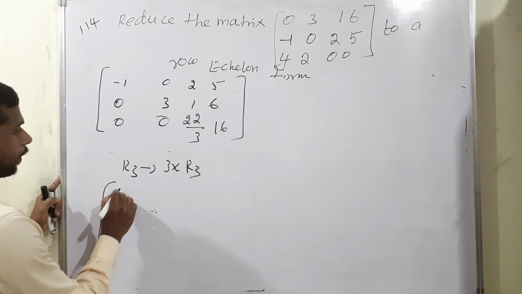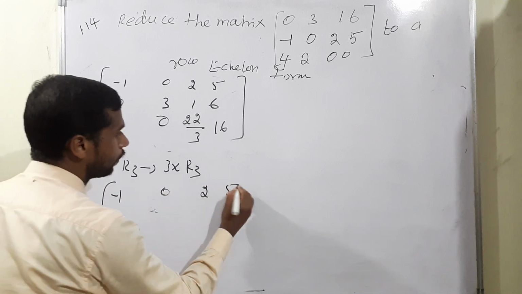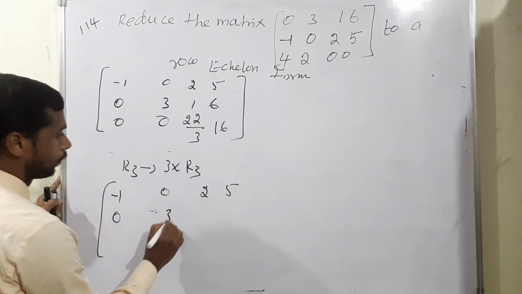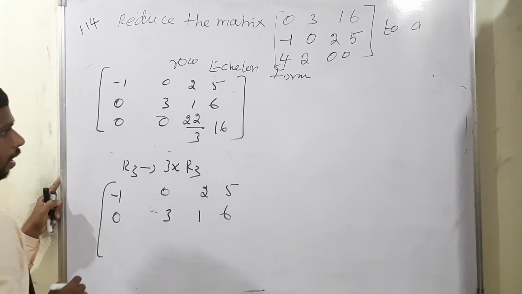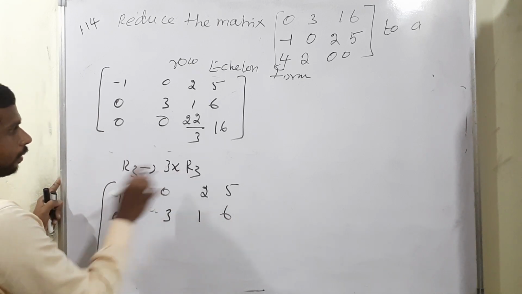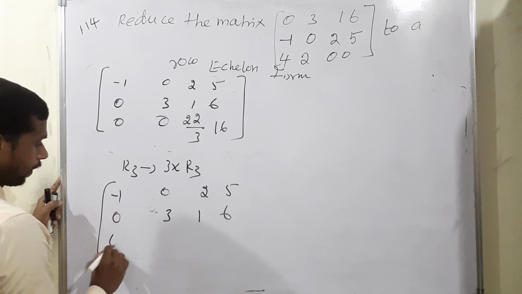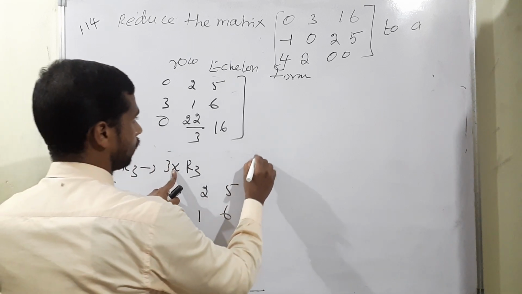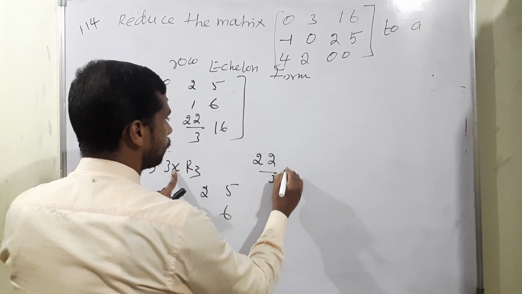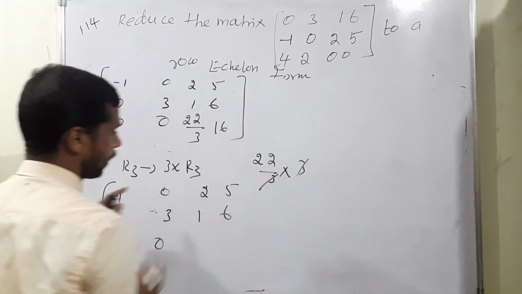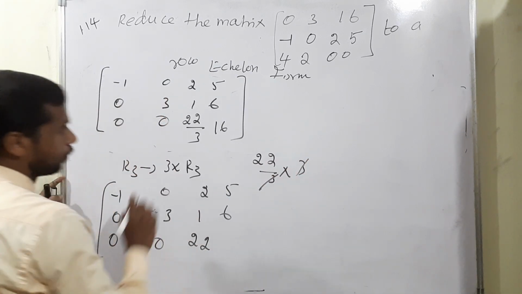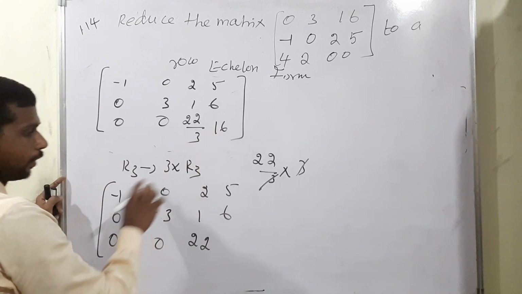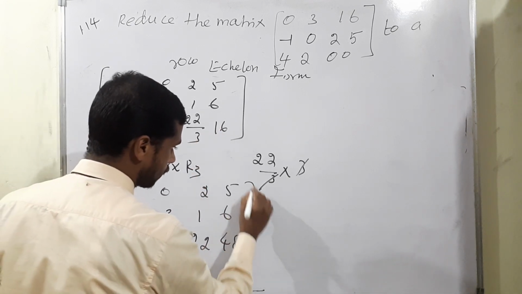R1, R2 as it is: minus 1, 0, 2 and 5, then 0, 3, 1 and 6. R3: 0 into 3 means value will be 0, again 0 into 3 means value will be 0. Next one, 22 by 3 into 3 means 3 cancel, value will be 22. Already 16 is there, 16 into 3 means value will be 48.